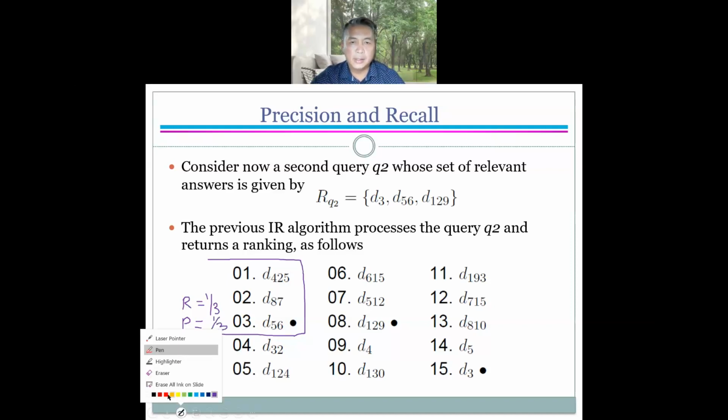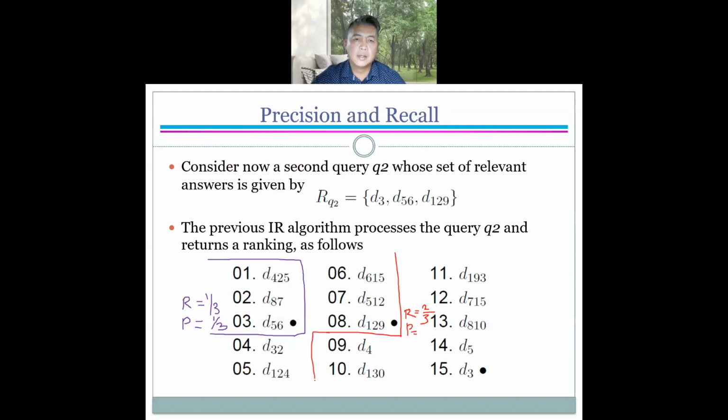If we look at here, what is our recall? 2/3. What is our precision? We are looking at all this. So 2/8.